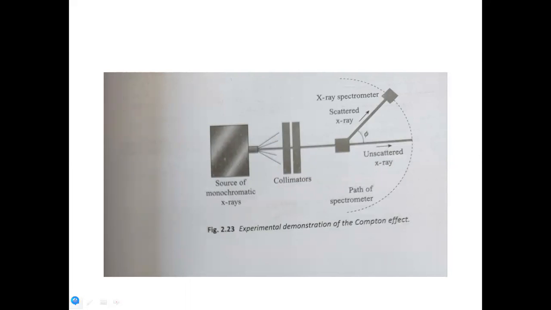When we were deriving this equation, I said that the scattering particle is able to move freely, which is reasonable since many electrons in matter are only loosely bound to their parent atoms.